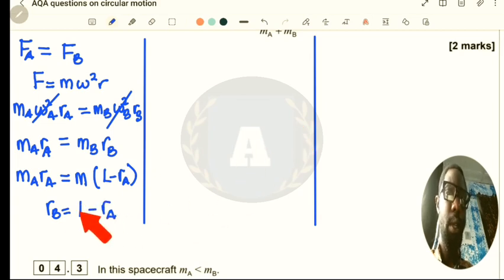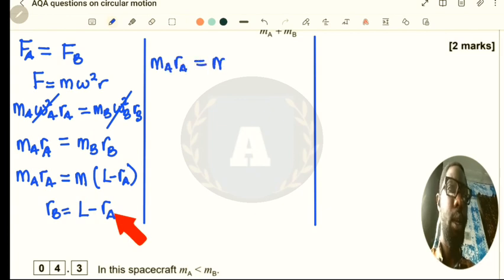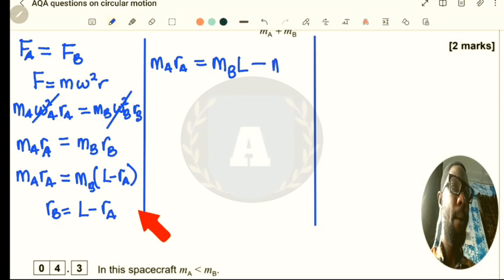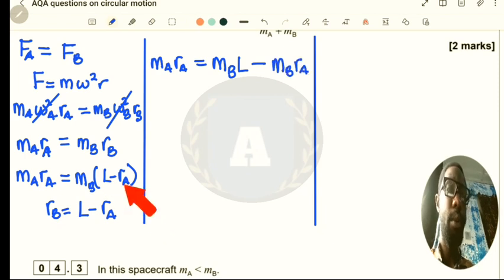So we substitute that in here. Okay, now we continue from here. On expanding, removing the bracket, we have MA RA equal to MB multiplied by L, that is MBL, minus MB RA. So we remove the bracket here.